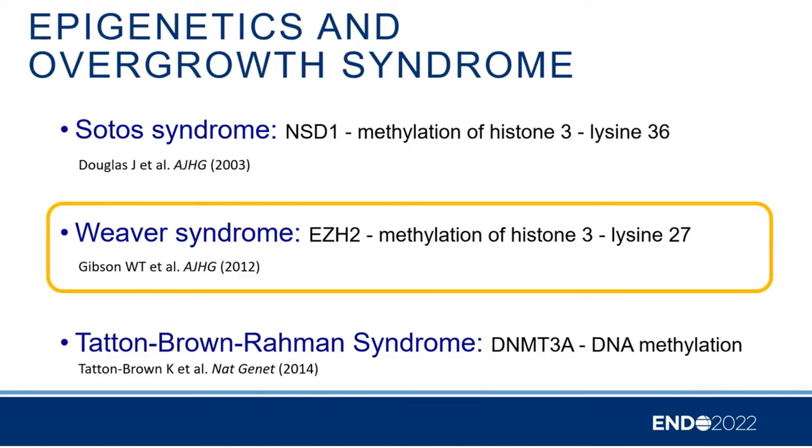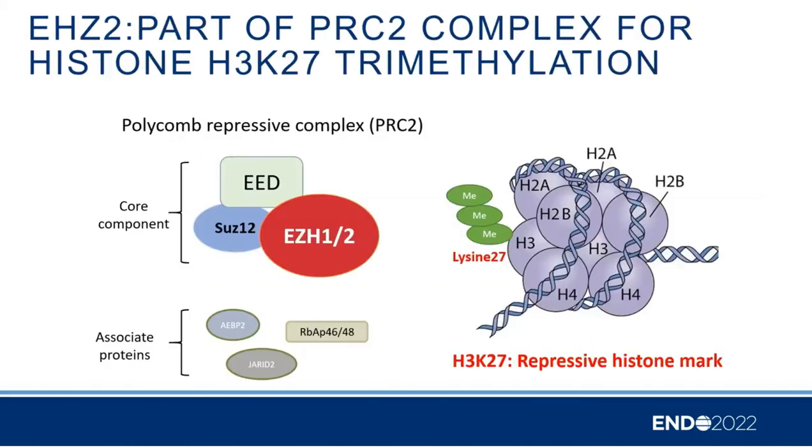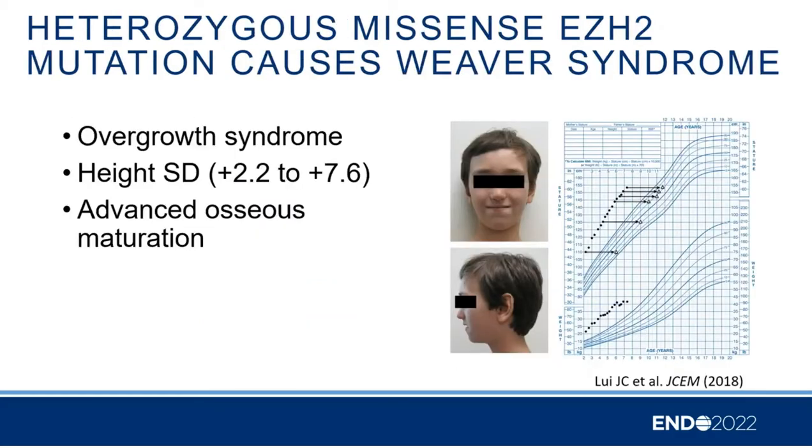Of these few diseases, we focus on Weaver syndrome and EZH2 because of a patient that came to us at the NIH a while back. I'm going to tell you a little more about this story very briefly. So EZH2 is part of the PRC2 complex that catalyzes H3K27 trimethylation, which is a repressive chromatin mark. In 2012, it was first discovered that heterozygous missense mutation of EZH2 causes Weaver syndrome.